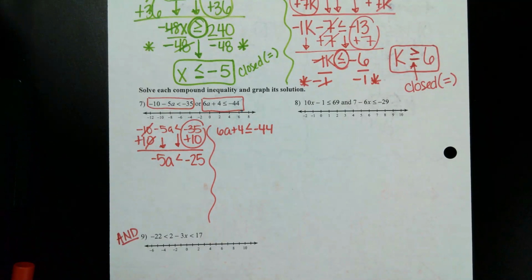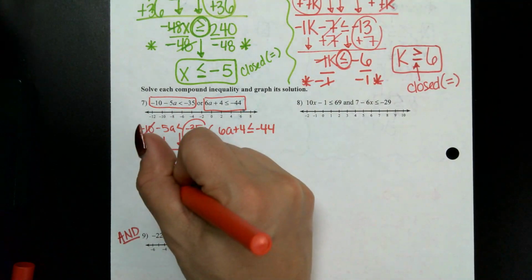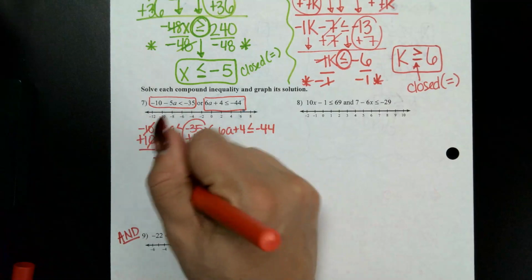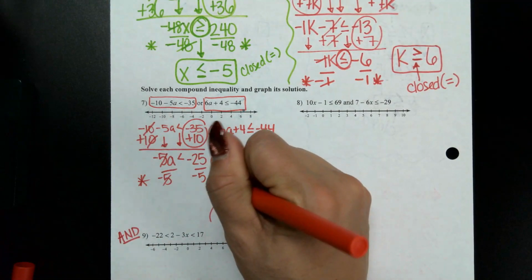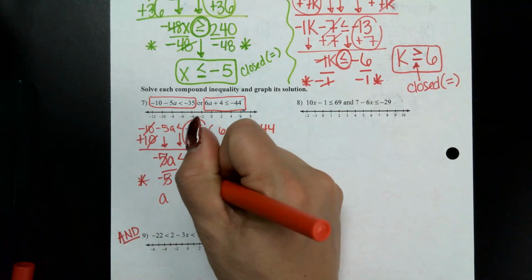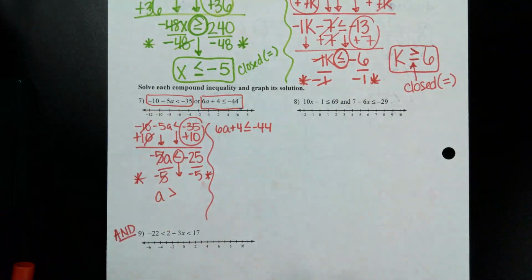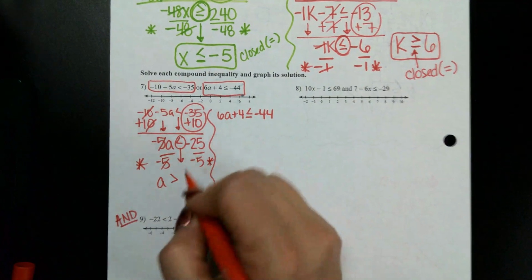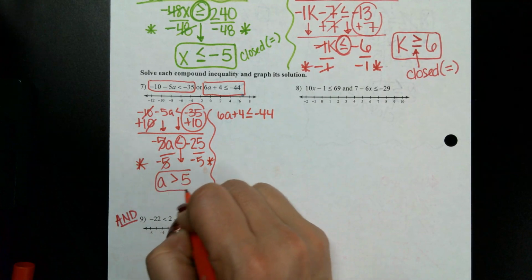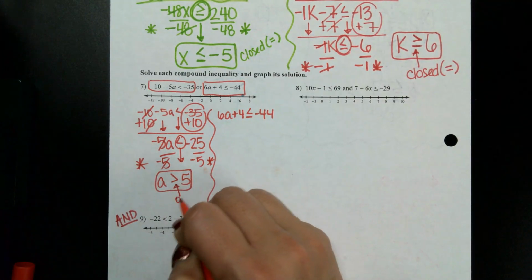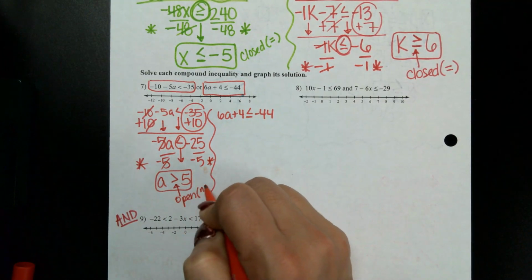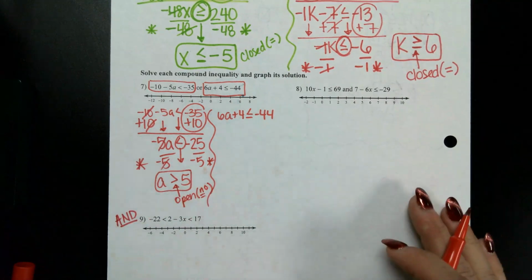Divide by? Here we're dividing by a negative. Symbol flips. And then what's a negative 25 divided by negative 5? Positive 5. Okay, so you could go ahead and put an open circle at the 5 if you'd like.